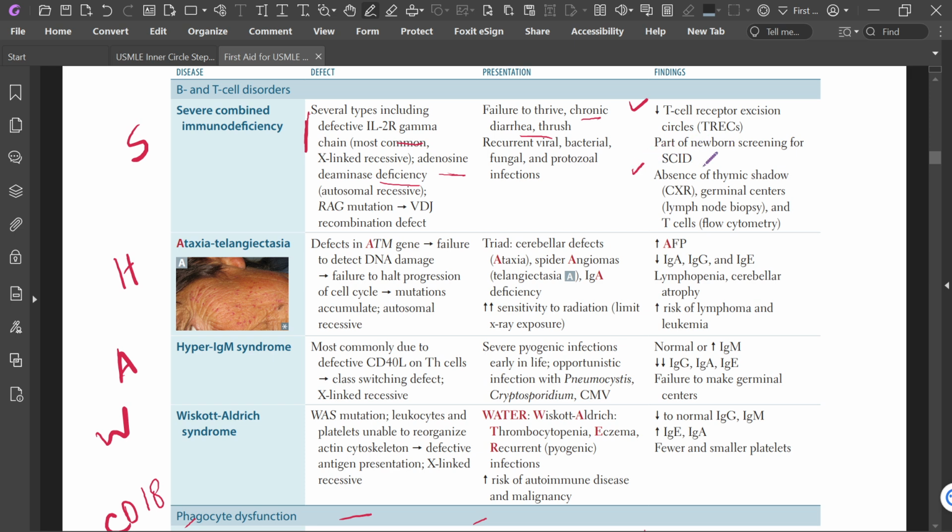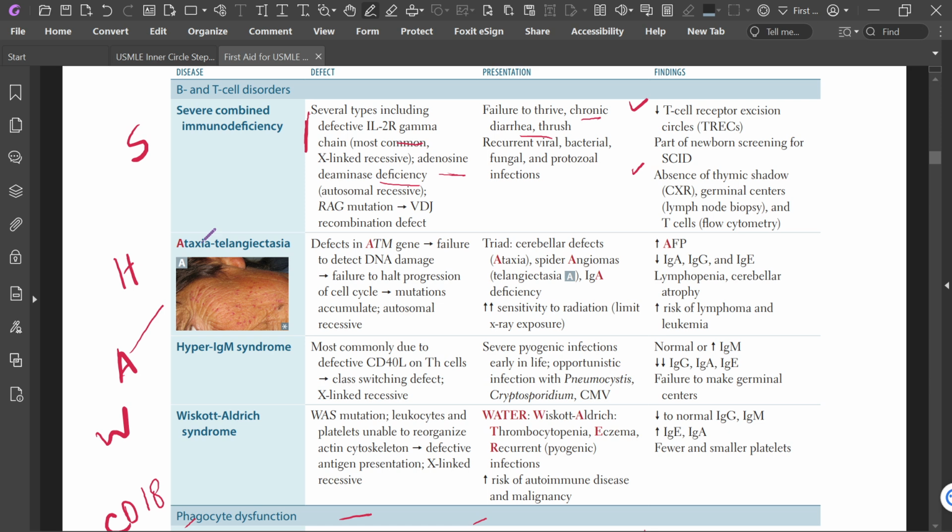There is an absent thymic shadow on chest X-ray, absence of germinal centers found on lymph node biopsy, and absence of T cells found on flow cytometry.